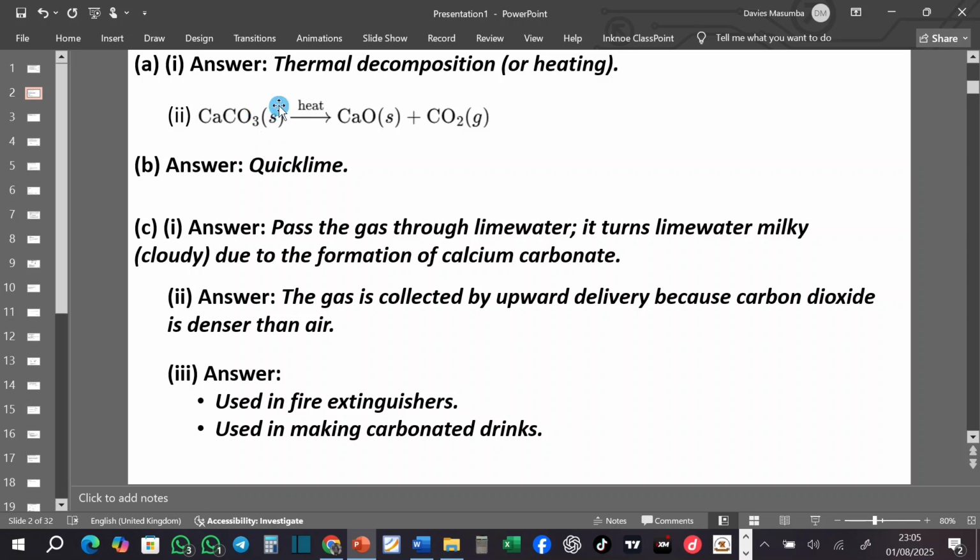Calcium carbonate is a solid, so you put S to indicate that it is a solid. Calcium oxide also is a solid, so you put S. Then carbon dioxide is a gas, so you put G at the end to indicate that its state is a gas.